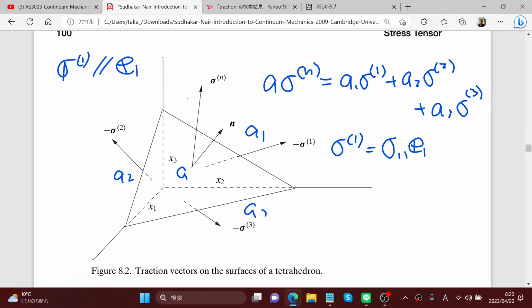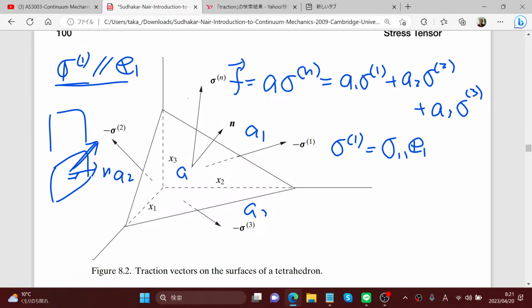N is the normal vector. If you have a plane like this, there is a normal vector, but the sigma force is different. This is like the force on each plane.